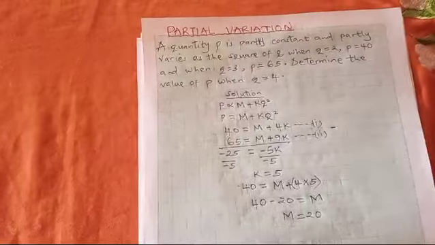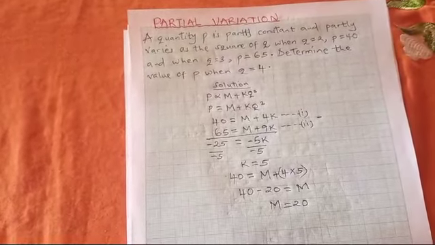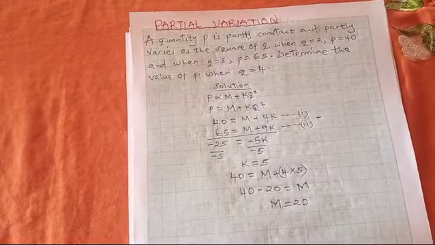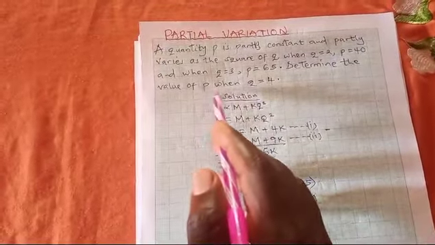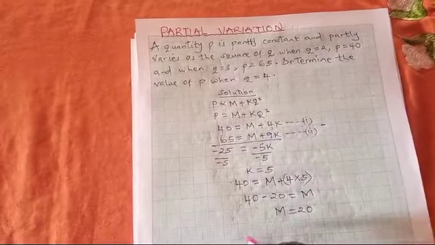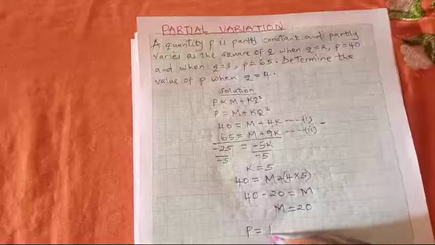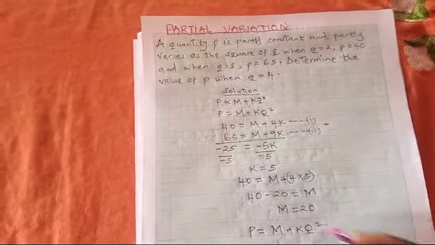Our M is 20. Now that we have our M, we can easily go to the last part of this question that reads, determine the value of P when Q is 4. We go back to the equation we formed, which is P is equals to M plus KQ squared.